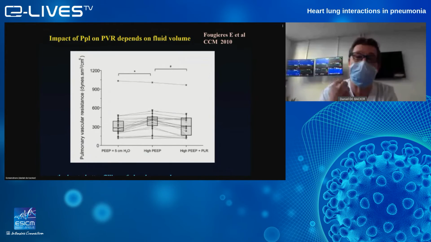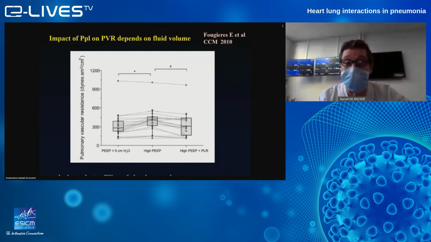This is a very nice experiment from the group of Bicêtre, Jean-Luc Teboul and Xavier Monnet, with Émilie Fougière. What they did is that they looked at pulmonary vascular resistance by increasing PEEP, and they saw indeed that in these conditions there is an increase in the pulmonary vascular resistance. But what they also did, at a high PEEP, was a passive leg raising test, increasing the intrathoracic blood volume this way.